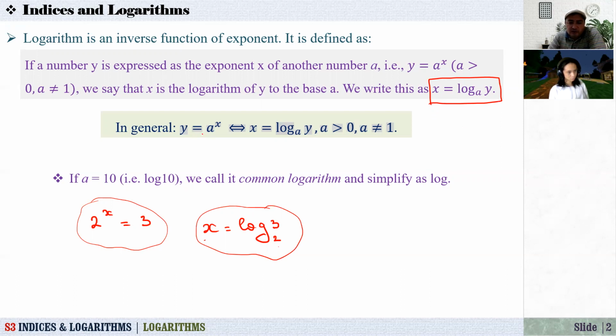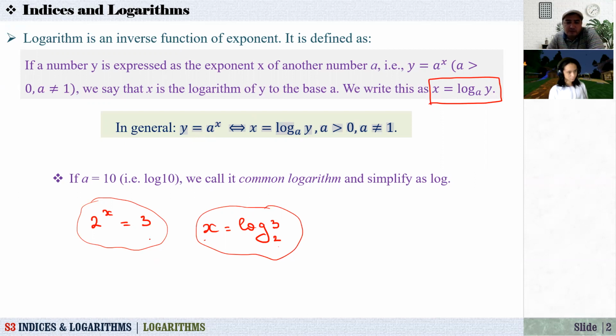So in general, if y equals a to the power of x, then x is equal to the logarithm of y to the base a. Or if x is equal to the logarithm of y to the base a, then it is the same thing as y equals a to the power of x. Interchangeably, we use these two notations depending on the context. This is how logarithm was born.